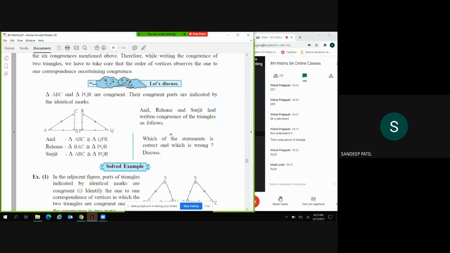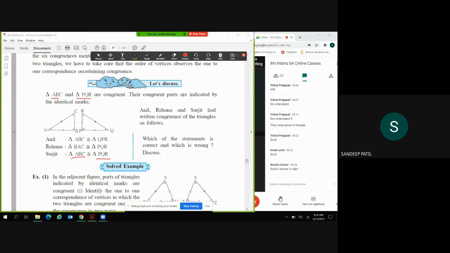Okay, so Surjit is the right answer, and so triangle ABC and triangle PQR are congruent. Then ABC and PQR, like A corresponds to P, right? So is this the right answer? Surjit's answer is right. Everyone is saying that.